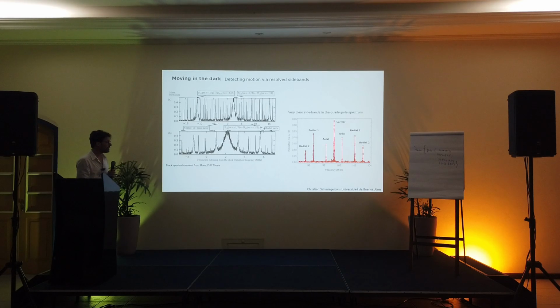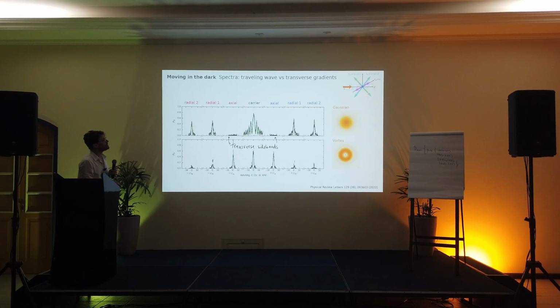In this case, as a reminder, our configuration is written in a very special way, where the k vector does not have any projection along the axial direction. And when we shine a Gaussian beam centered on the ion, if we look at the spectrum, what we see is that the carrier is very big, as expected. The two radial modes in the blue and in the red are there, but the axial modes are inexistent.